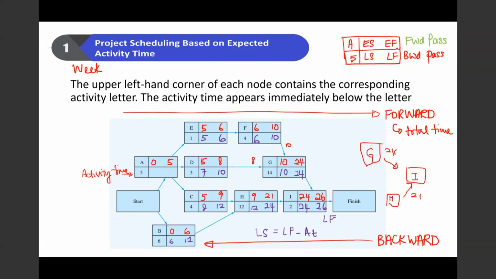So we have 5, we have 7, and we have 8. In that case, the latest finish time of activity A is 5. So 5 minus 5, this is 0.